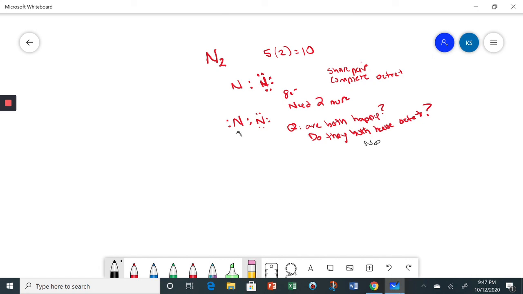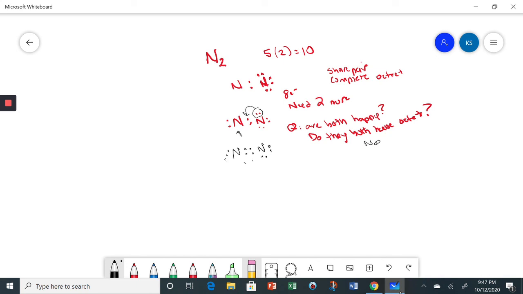So his twin goes, I'm sorry you don't have an octet, I'm going to give you a pair. So he donates a pair, and now there's 2 pairs in the middle. Pair out here, pair down there, pair out here. And then they count: 2, 4, 6.